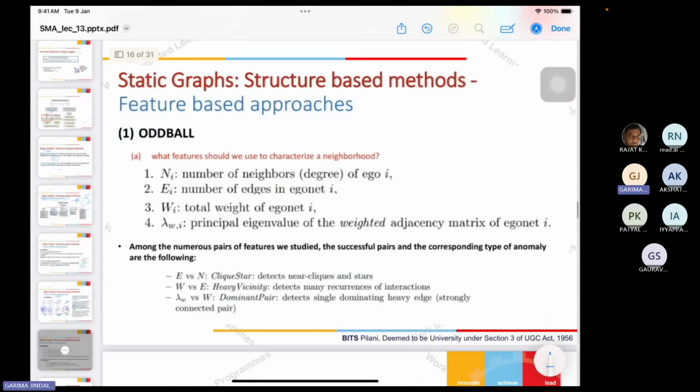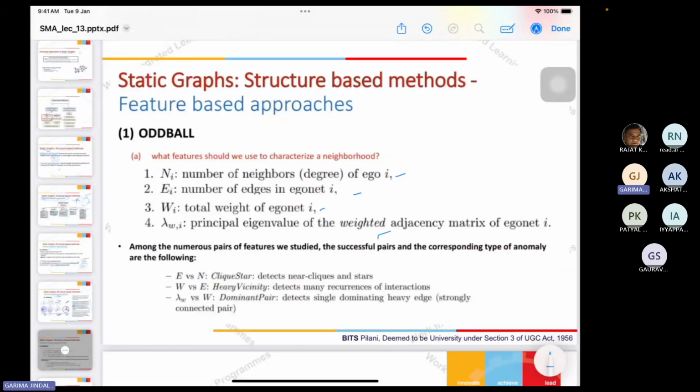In this particular algorithm, although I have not kept the snapshots of the algorithm in this slide, just for your reference, these are the attributes that they have considered to design their algorithm. If you are interested, you can look into that paper.